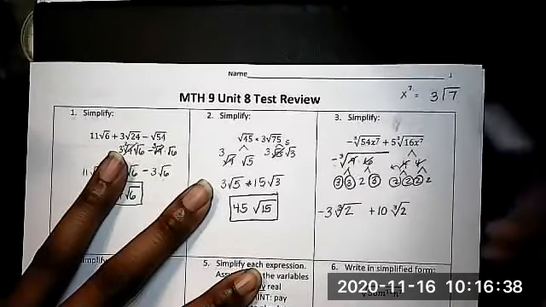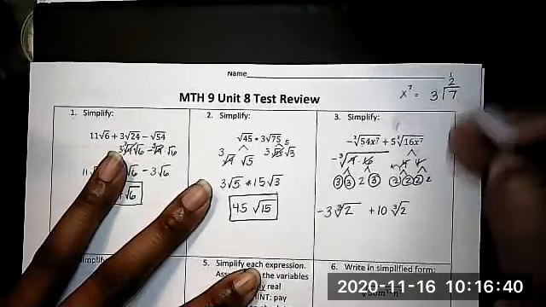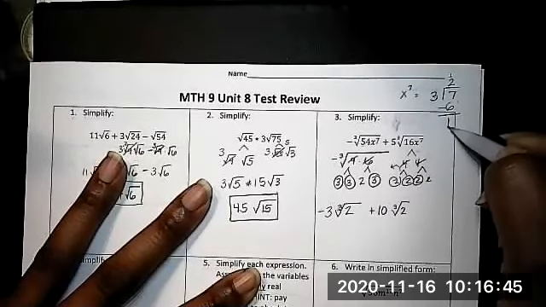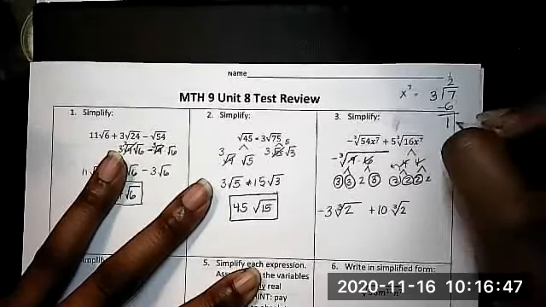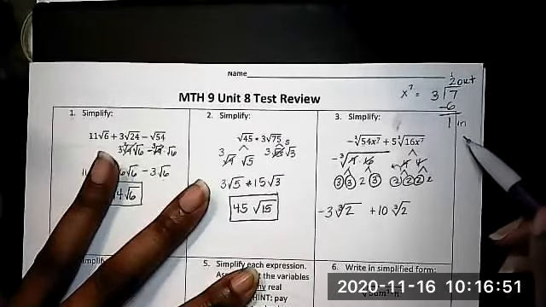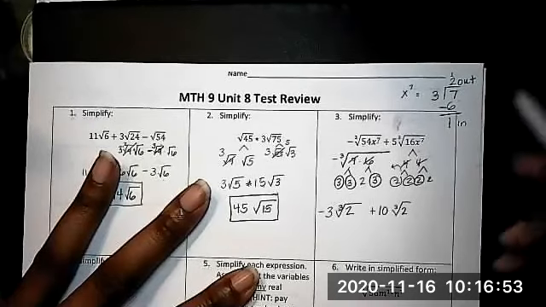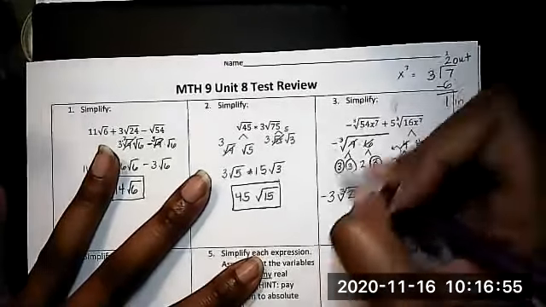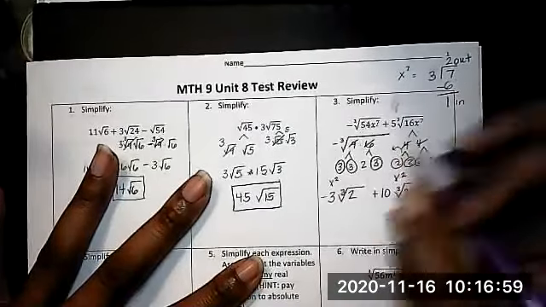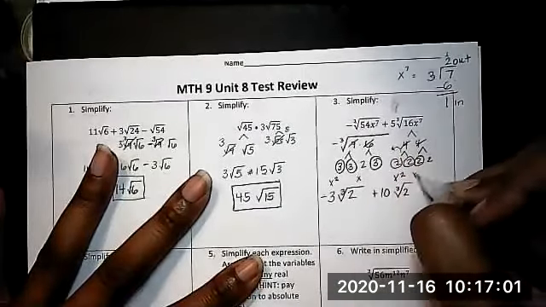How many times is 3 going into 7? 2 times. 2 times 3 is 6, minus 1. So 7 minus 6 is 1. This is how many are inside, and this is how many come out. 2 come out, and 1 stays in. Okay? So x squared comes out, and 1 x stays inside.